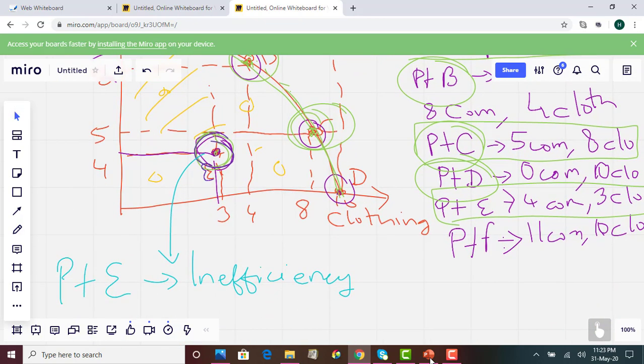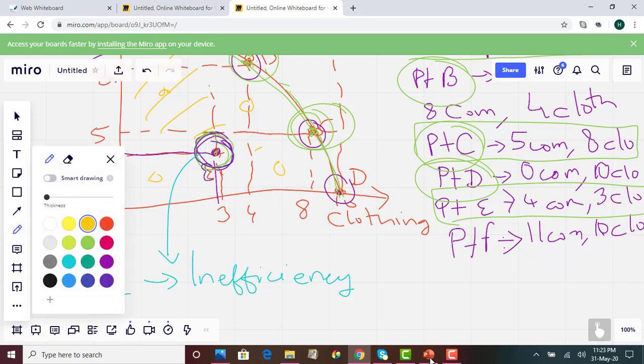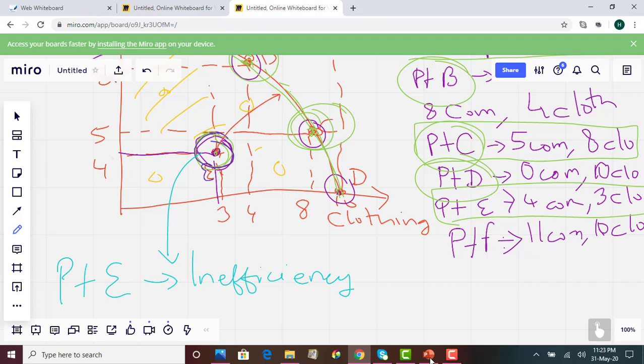We are not using the resources fully. The output has not been maximized, because at this point we could actually be going up here. We can move to that point.